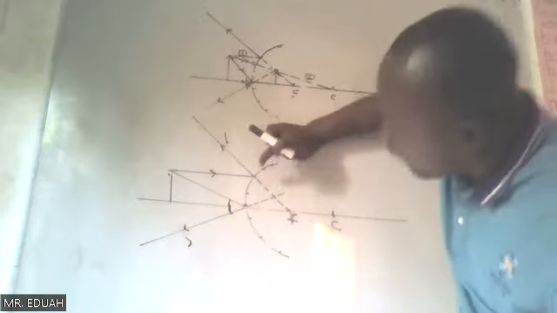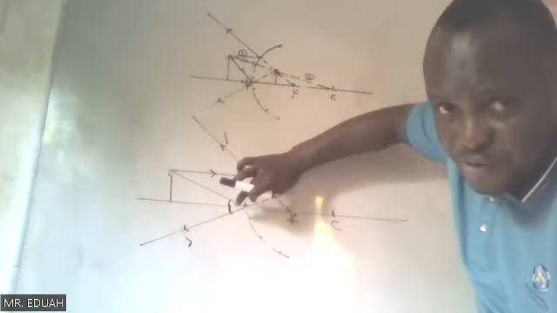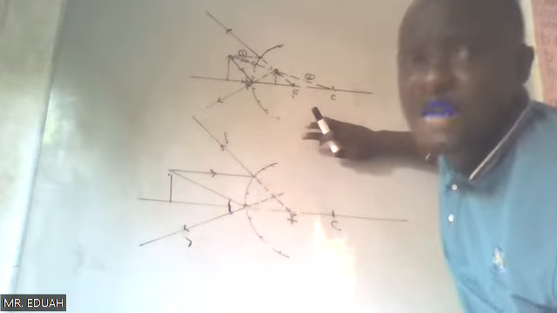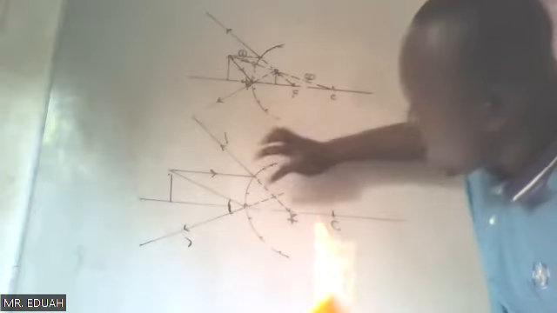The reason for tracing the reflected rays backward, and where they appear to meet, will be the position of the image. If the reflected rays could meet in front, then a real image would be formed. But because they can never meet, that's the reason for retracing backward. And this is the point where the rays appear to meet.